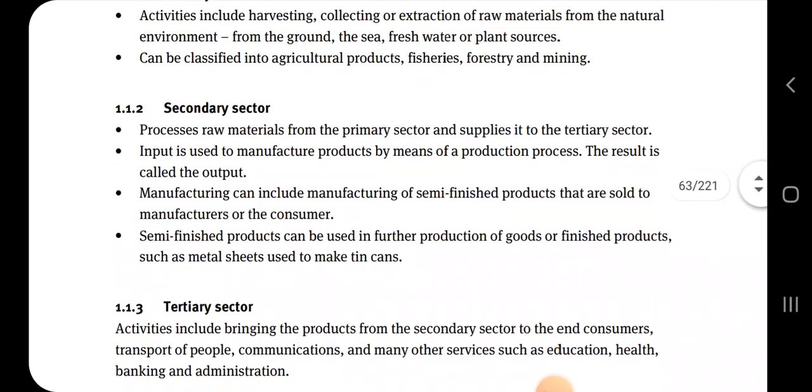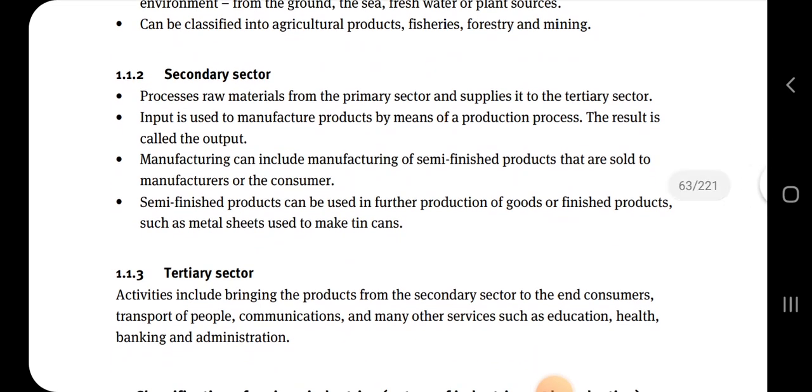Now the secondary sector processes raw materials from the primary sector. So whatever we get in the primary sector, when we are processing it, changing its original form, that is done in the secondary sector, okay. So it processes raw materials from the primary sector and supplies it to the tertiary sector. So input is used to manufacture products by means of a production process.